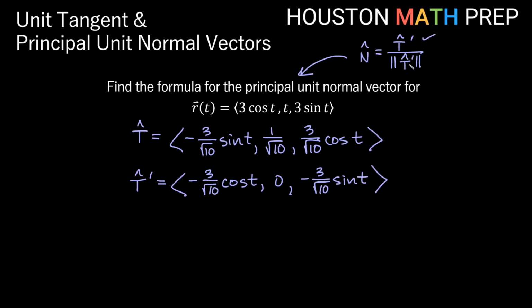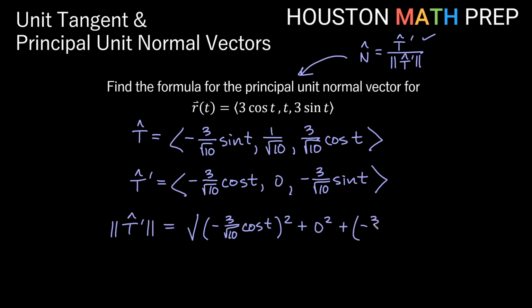We've got our t hat prime, we've got this top part here. We'll need the magnitude of that t hat prime to make this a unit vector. So the magnitude of t hat prime here is going to be the square root of all of these things squared. So we'll have the square root of negative 3 over root 10 cosine of t squared, technically plus 0 squared. That's not going to change anything though.